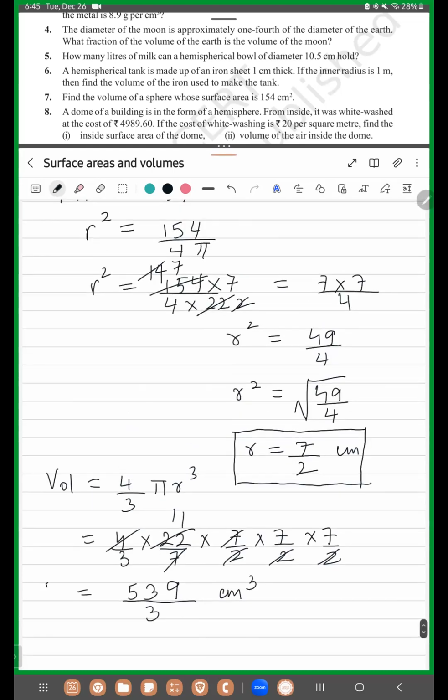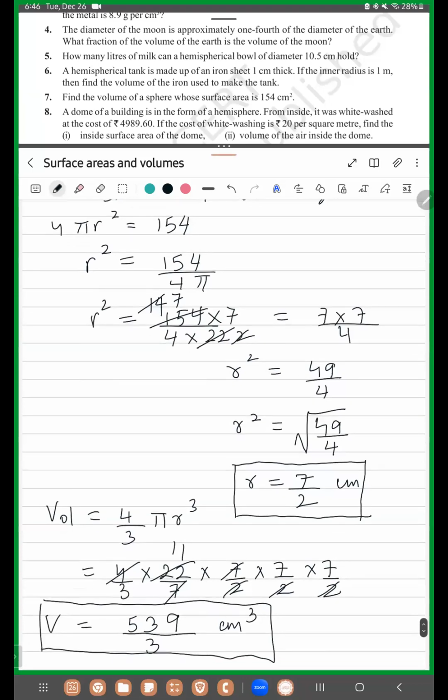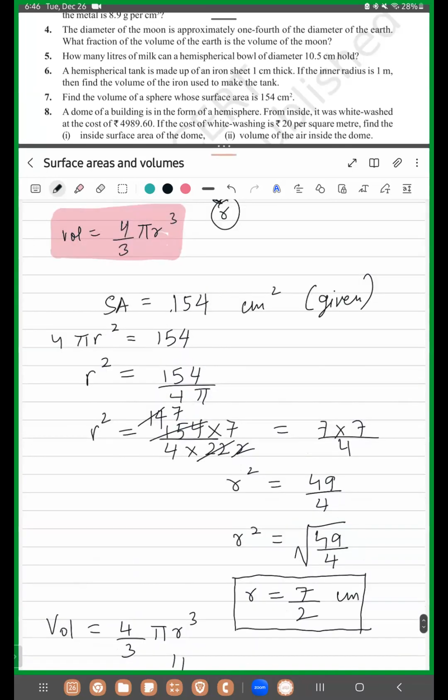Okay, so if you want, you can leave your answer like this itself, or you can calculate it further. You can find it in decimals. Okay, let me know when you're done so that we may move ahead.